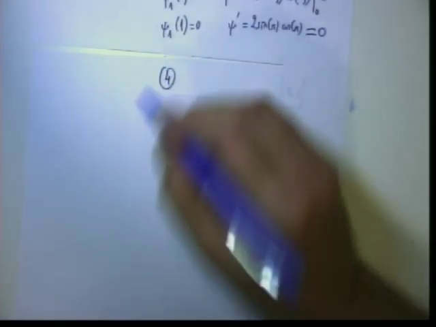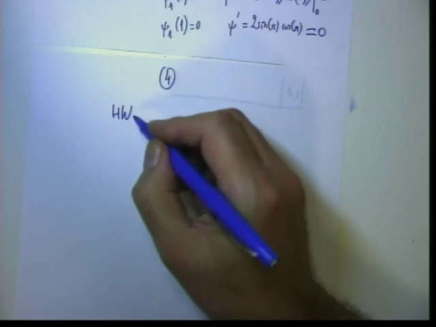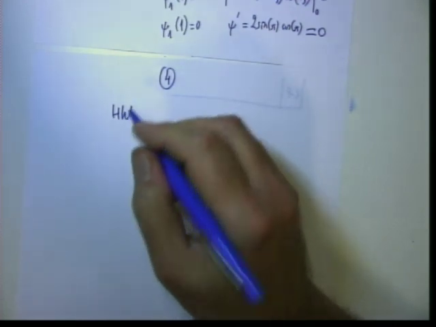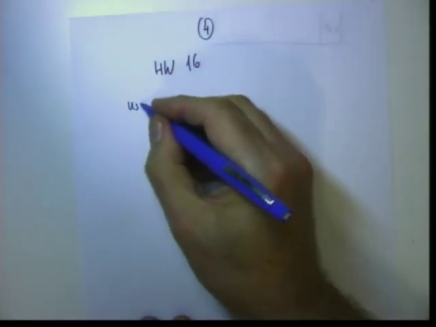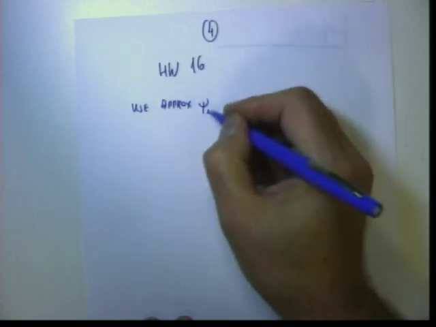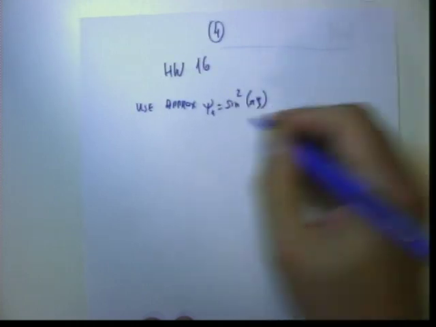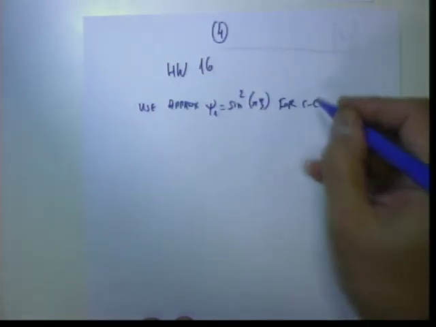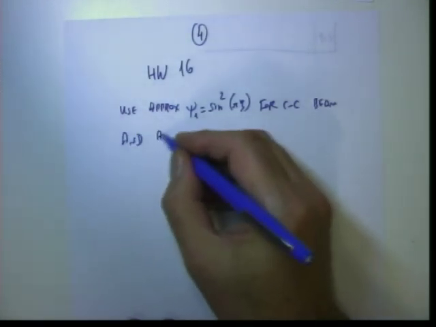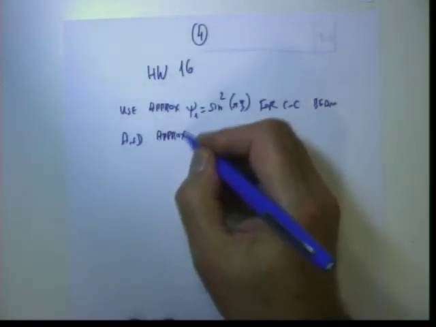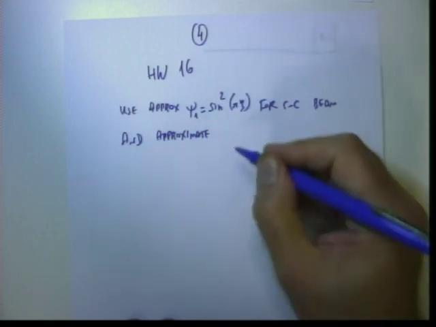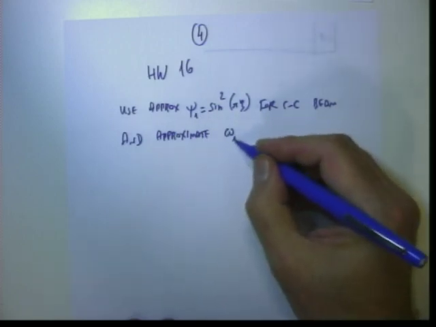Now 4. What is our homework set? 16. Okay. So let us use the approximation psi1 equals sine square pi psi for a clamped beam and approximate omega1 square.